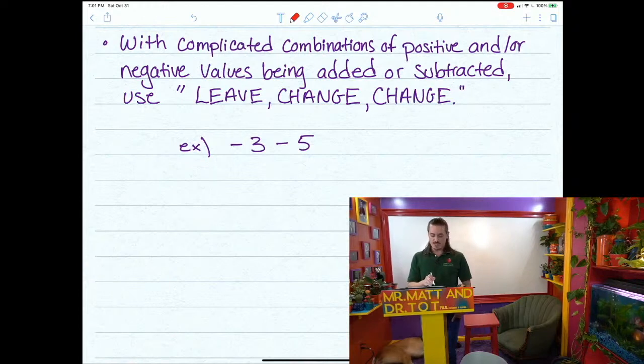So for example, -3 minus 5, that might be a little strange or difficult to think about. If we do leave, change, change, by recognizing that each number has its own sign, and then you also have the operator, whether it be addition or subtraction.